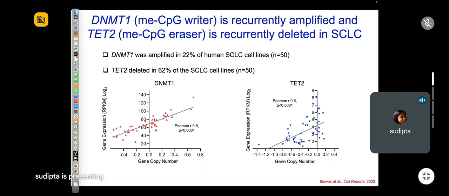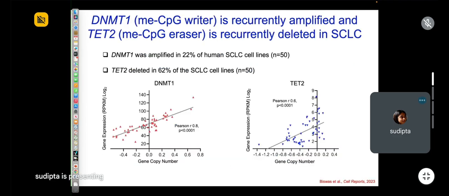And you can see that in small cell lung cancer DNMT1 is highly amplified, and at the same time TET2, which opposes the DNMT1 function, is repressed. Recurrently deleted, I should say, in terms of genomic alteration: this is amplified and this is deleted.